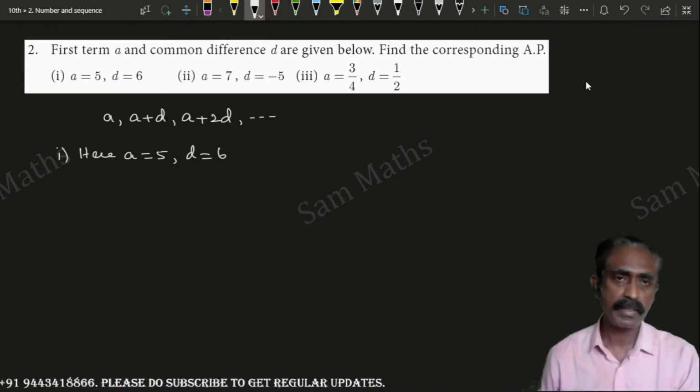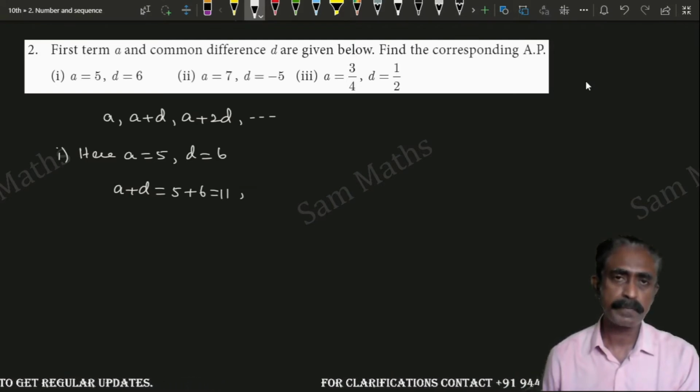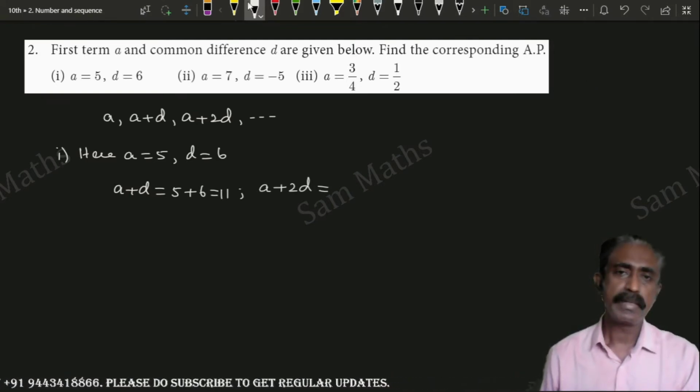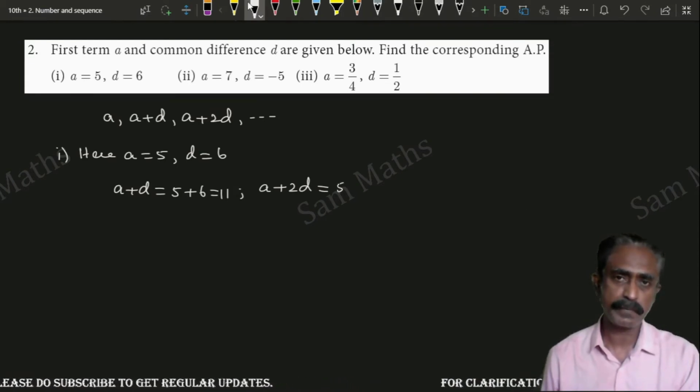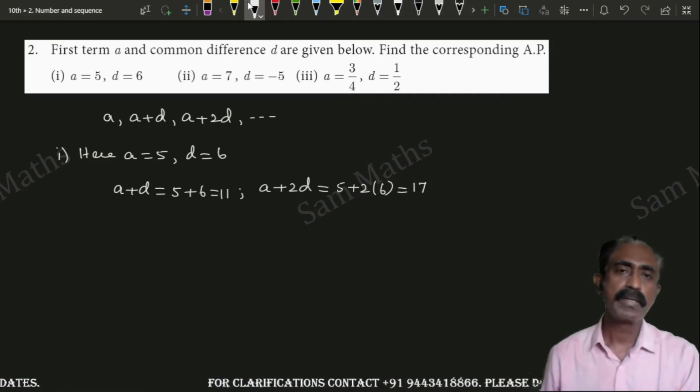Here they given A is equal to 5. Therefore, A plus D will be equal to 5 plus 6, that is 11. Then A plus 2D is equal to 5 plus 2 into 6, 2 sixes are 12, 12 plus 5, 17.